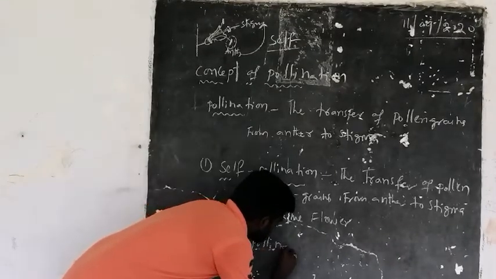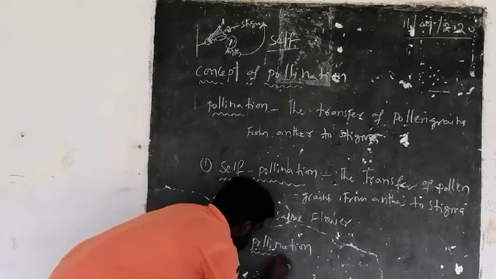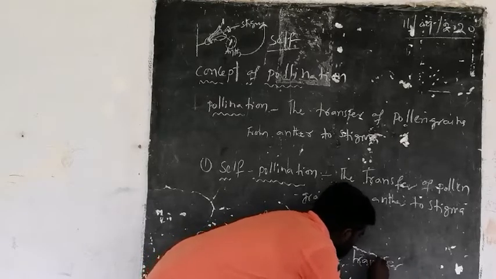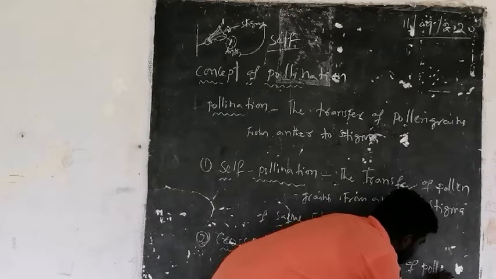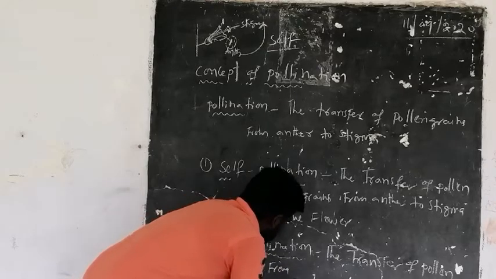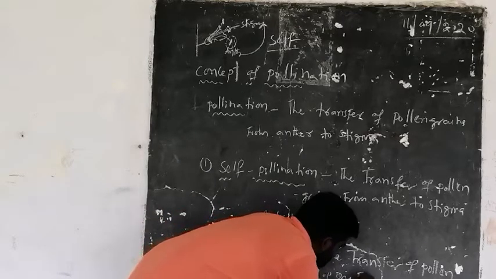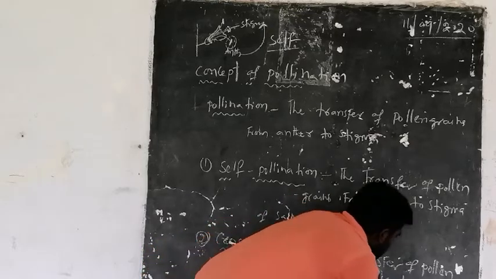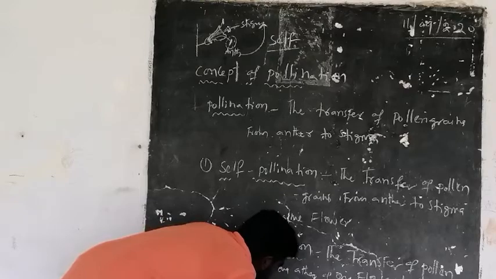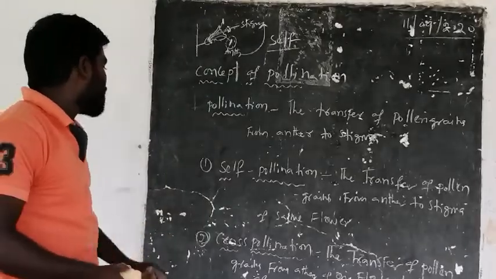Here in cross pollination, the transfer of pollen grains from the anther of one flower to the stigma of another flower is called cross pollination.